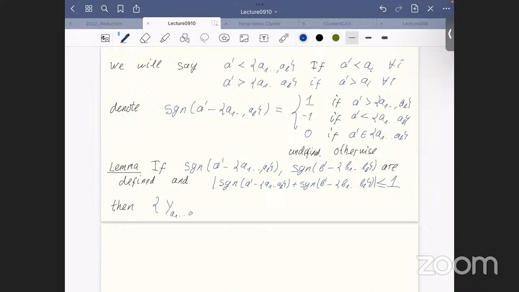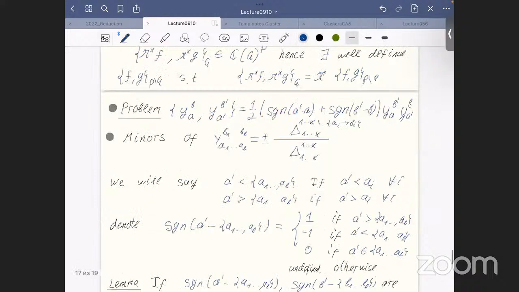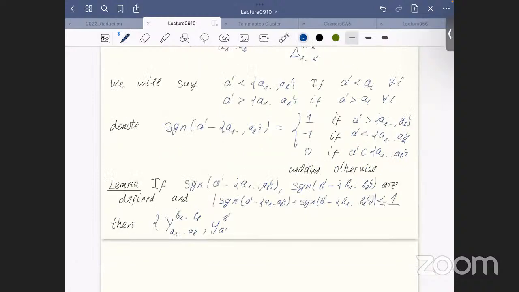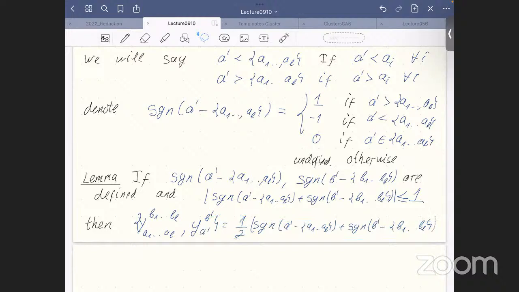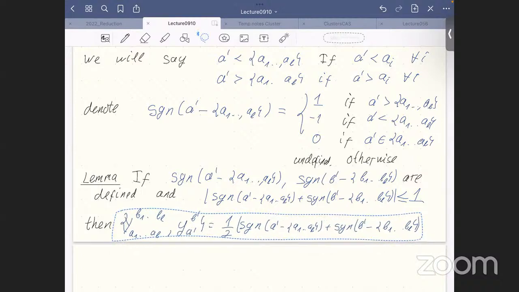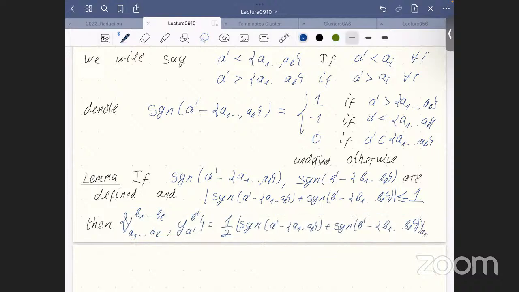Y a1 al b1 bl, y a prime b prime is equal to 1/2 the sum of sines times the product b1 al b1 bl y a prime b prime. Okay, I have to do something to have a bit of space.